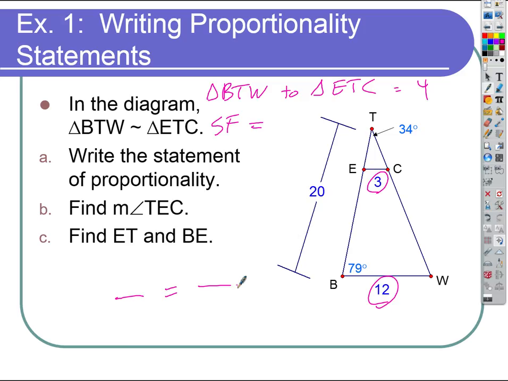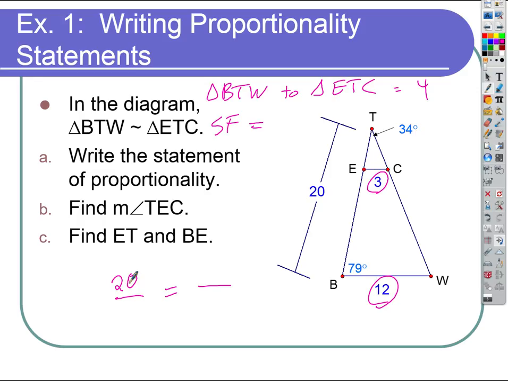TB is 20. So 20 over 1. Hang on. What's it equal to? What's the other fraction? So you're saying big to small equals, right? If you do 20 over 4, then you find, okay, I got you.